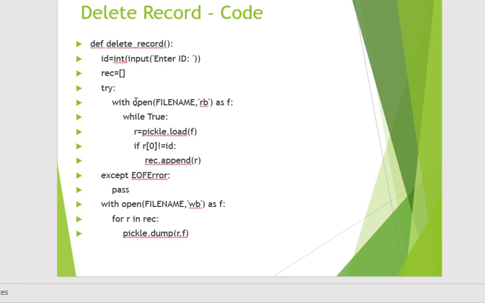And after the end of the loop, an exception will be raised, end of file error, and pass. After doing this, we are opening the file in write mode, and we are writing all the records one by one using the pickle.dump function, and we have passed the record which we want to write, and the file which we are writing.